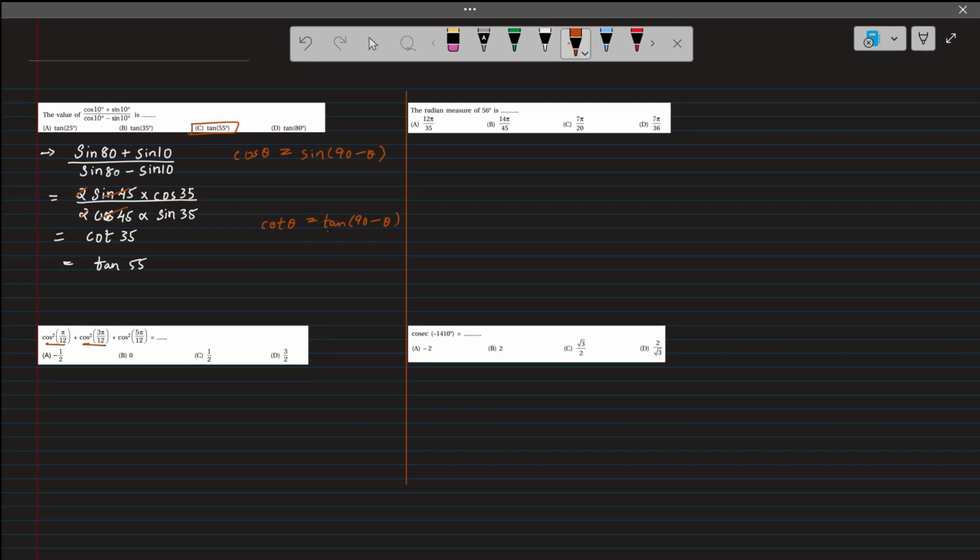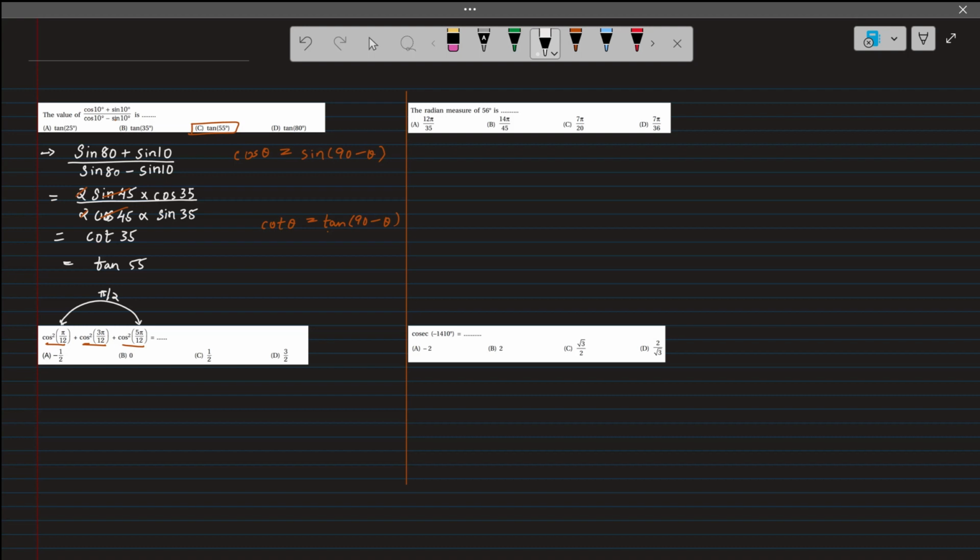Cos square pi by 12 plus cos square 3 pi by 12 plus cos square 5 pi by 12. As we have discussed in the lecture also, we'll look for the values whose addition is either equal to pi or pi by 2. If we add these two, pi by 12 plus 5 pi by 12, we'll get 6 pi by 12, which is basically nothing but pi by 2.